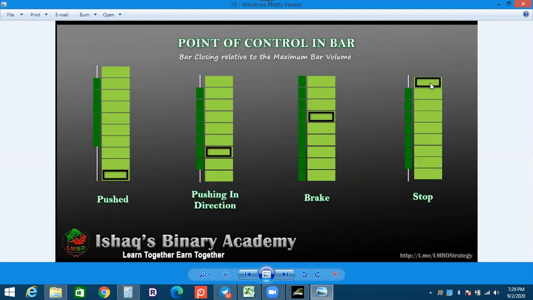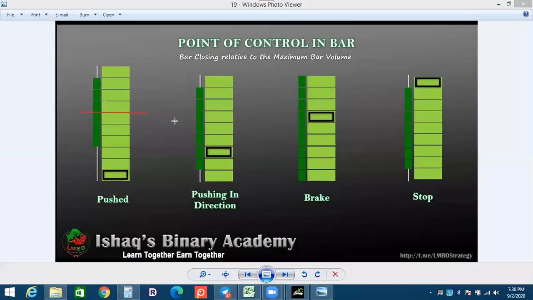So this is a high volume, but where is the point of control in a bar? Just understand this thing. The point of control, we always look for in the middle area of the candle, or we can say that is a level.